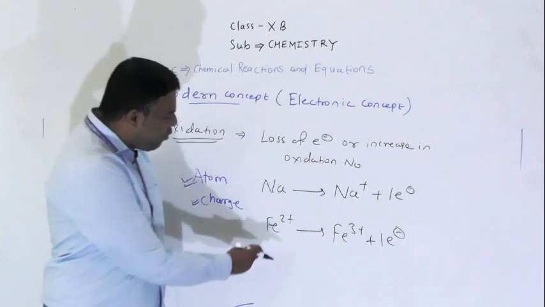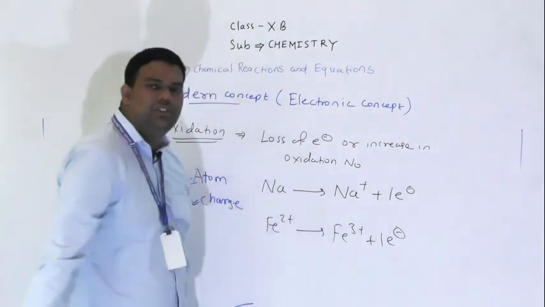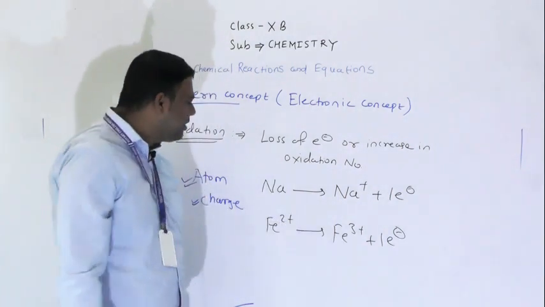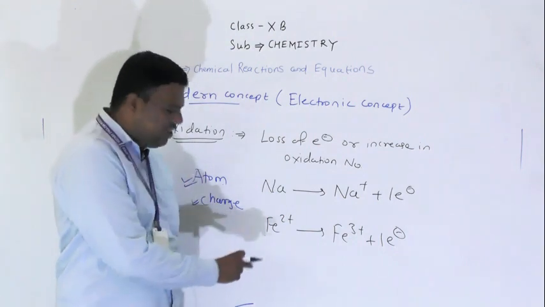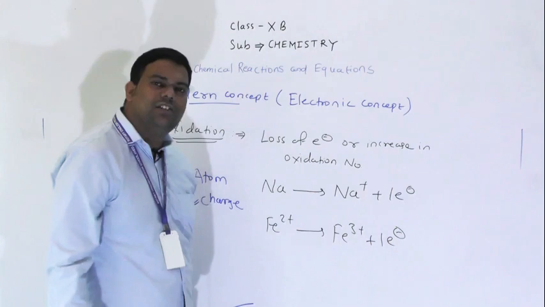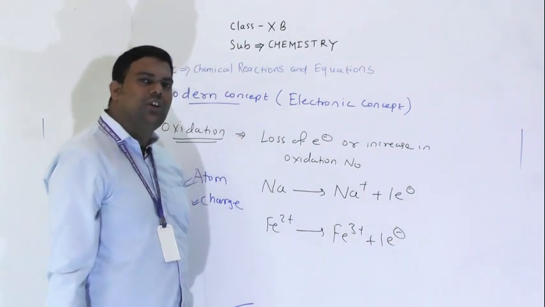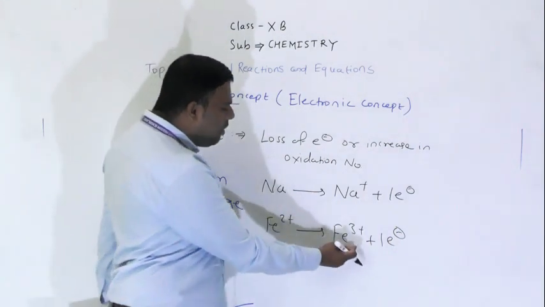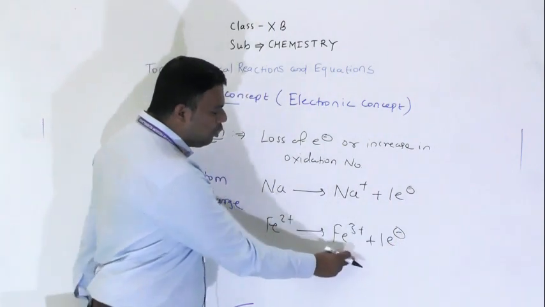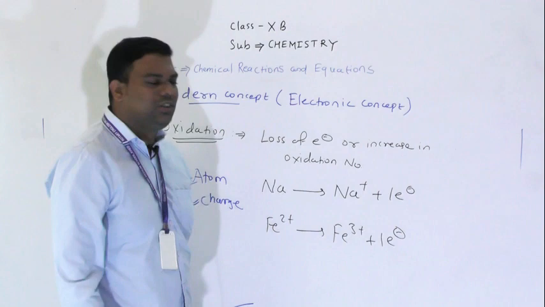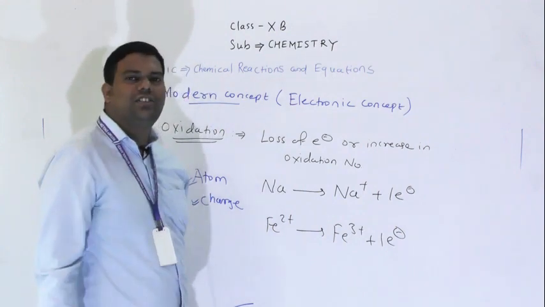So see here one iron, here also one iron, so our atom is balanced. Now it's time to balance our charge. Total charge on LHS is how much? 2+, and here how much? 3+ minus 1, so 2+ charge. So here also 2+ and here also 2+. So our reaction is correct.